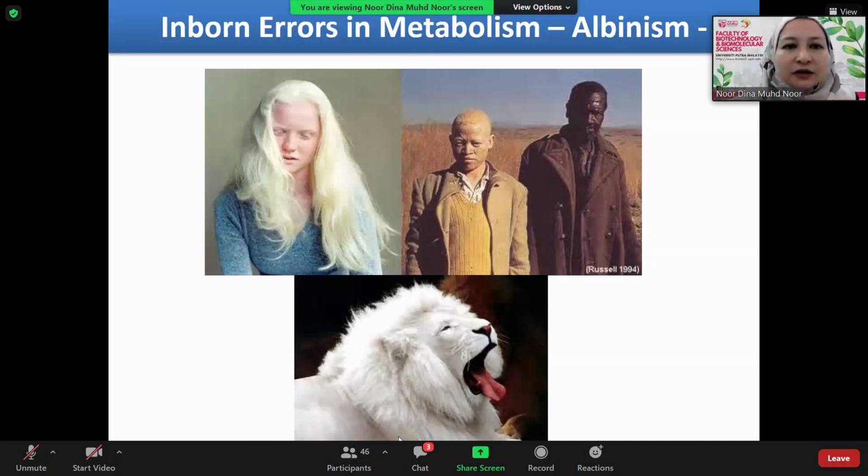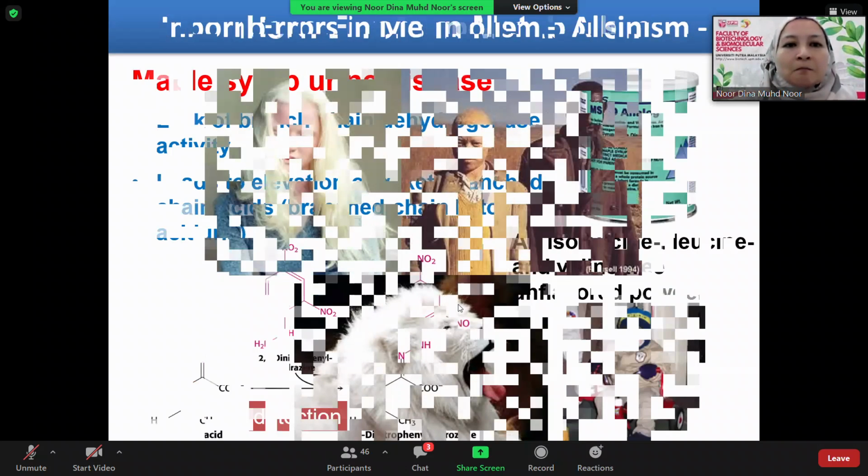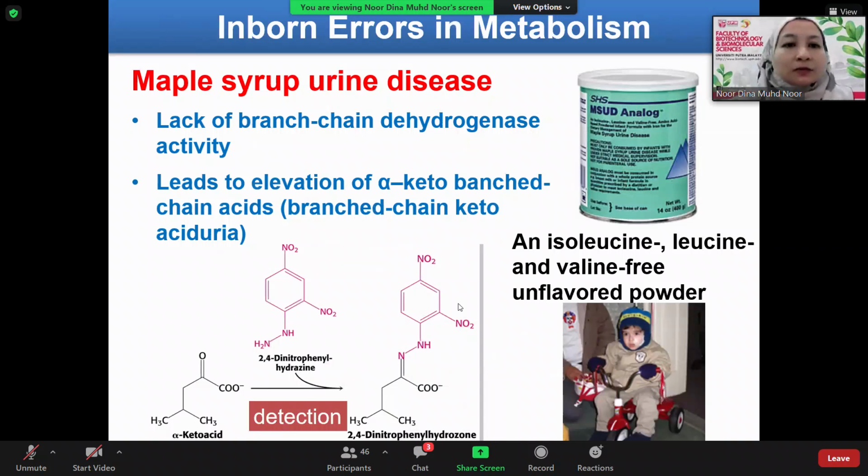Okay, more on albinism. We even have albinos in animals.